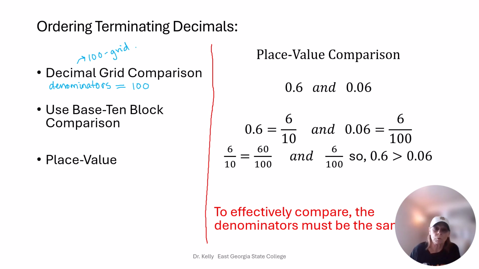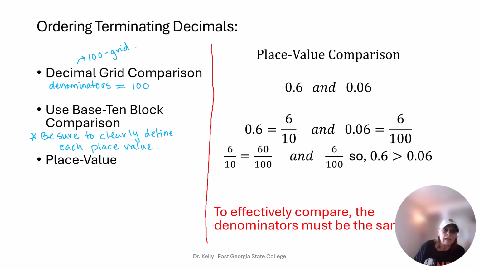After you determine what the legend is, you can look at them and physically look at them, but be sure to clearly define each place value. And then you can just do it using place value.